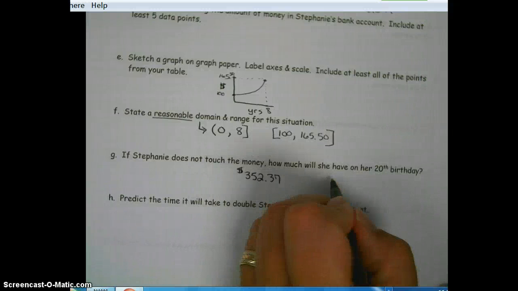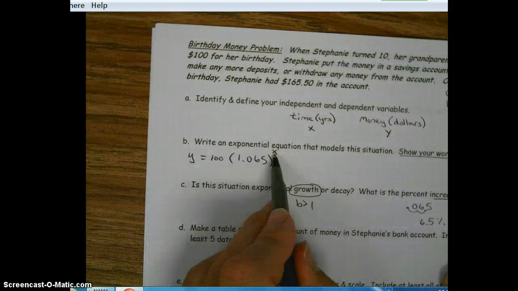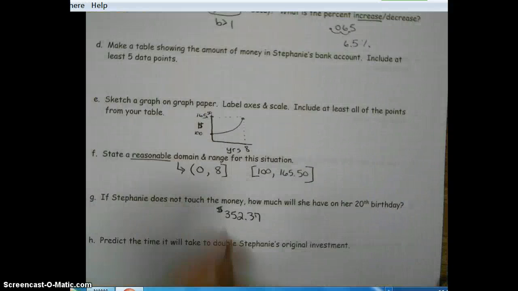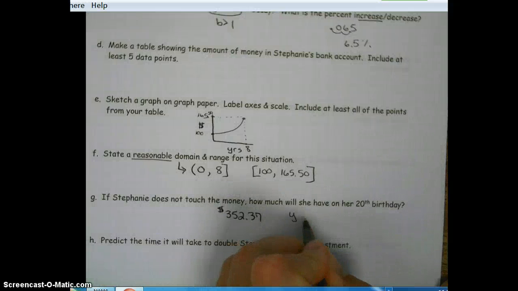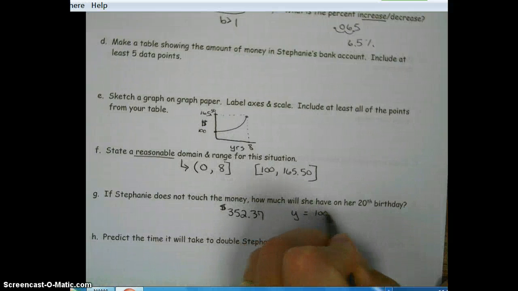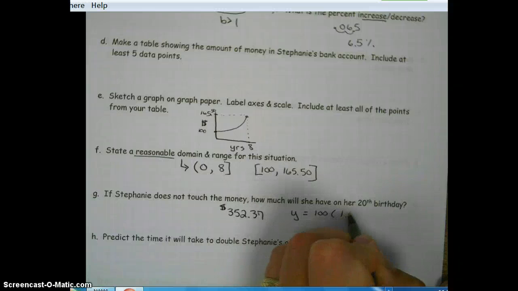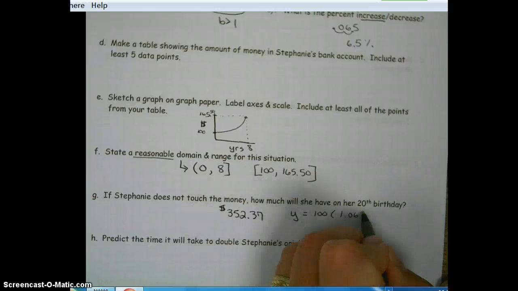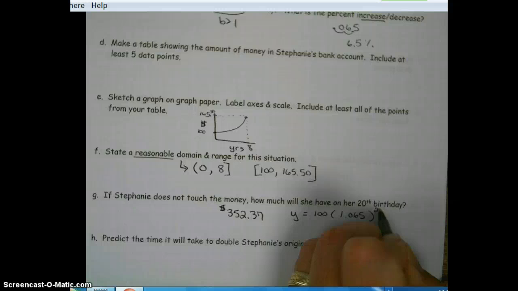So we would plug 20 in for X. So Y, which is money, equals 100 times 1.065 to the 20th power.